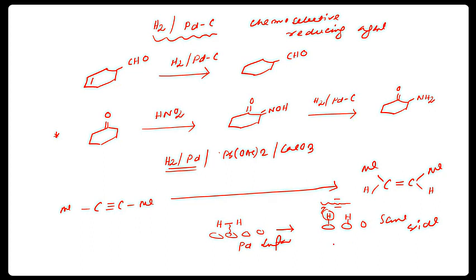That's why we always get a cis alkene. Hydrogen gets absorbed on the catalyst surface, then it cleaves and produces reactive hydrogen, which is transferred to the substrate from the same side. So if you have a methyl group that bends this side, another methyl bends this side too. That's why we get this cis alkene.